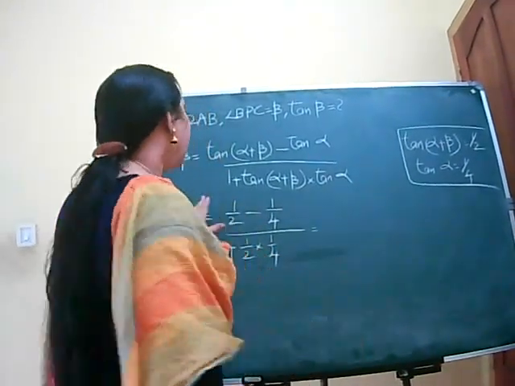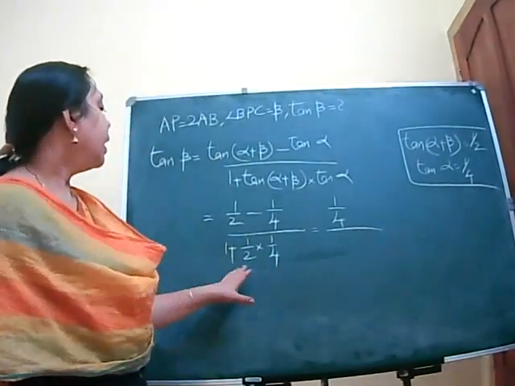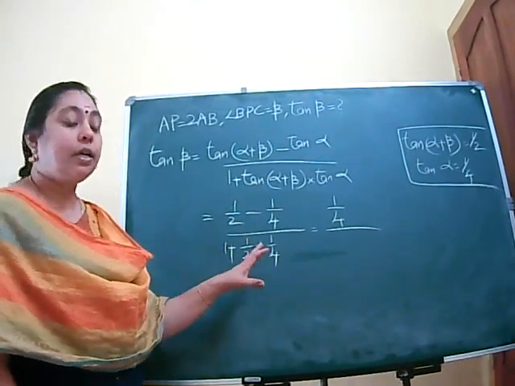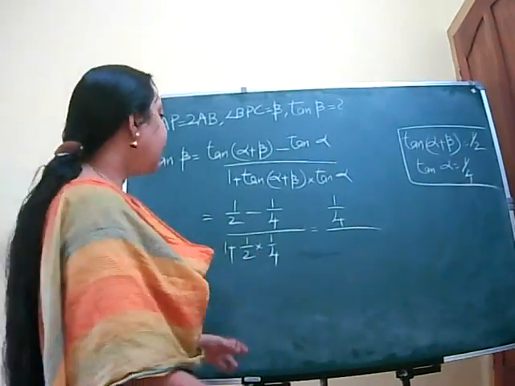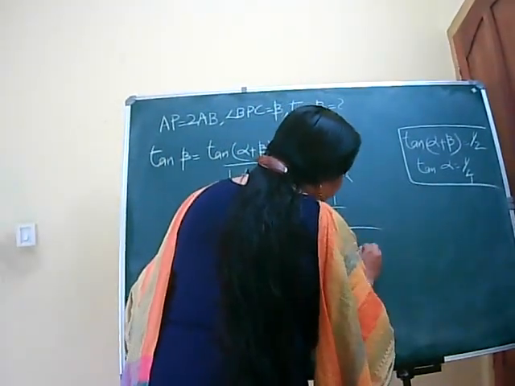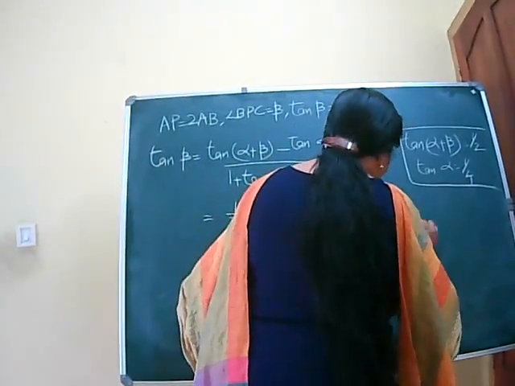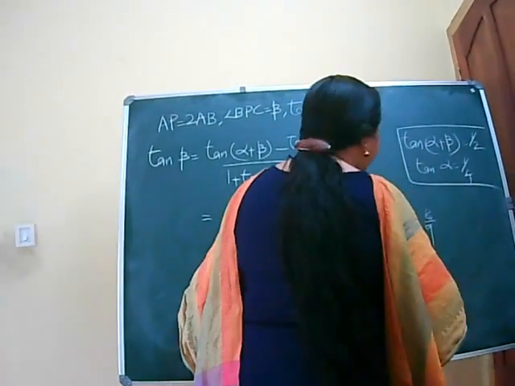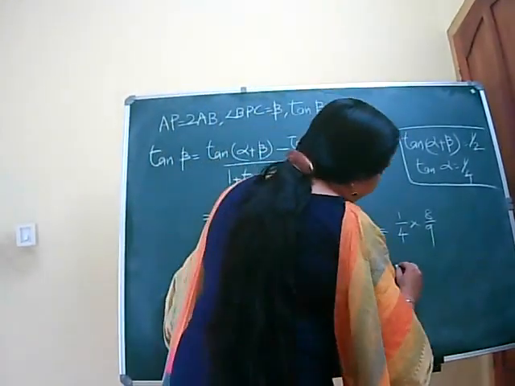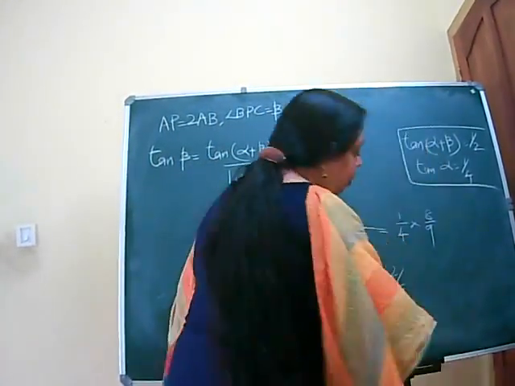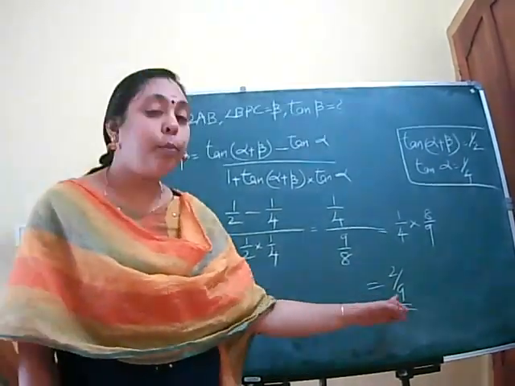This becomes 1 by 4 divided by, here LCM is 8, so this becomes 1 plus 1 by 8, that is 9 by 8. This becomes 1 by 4 into 8 by 9. It is 2 by 9. So, the value of tan beta is 2 by 9.